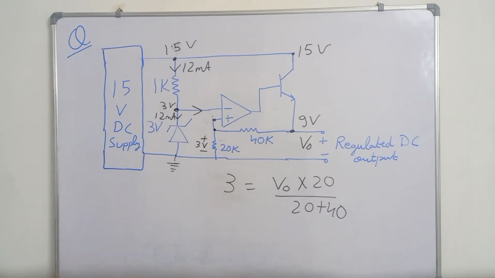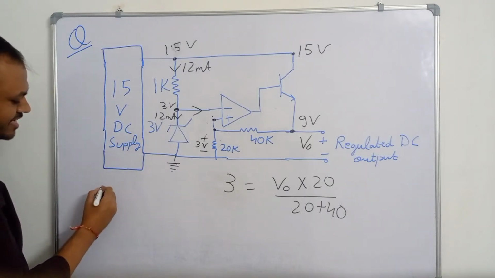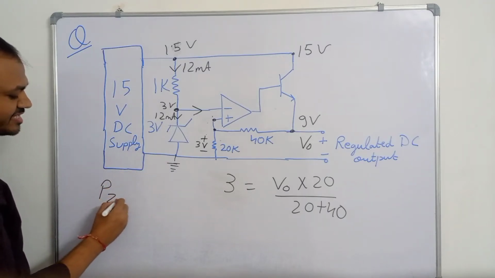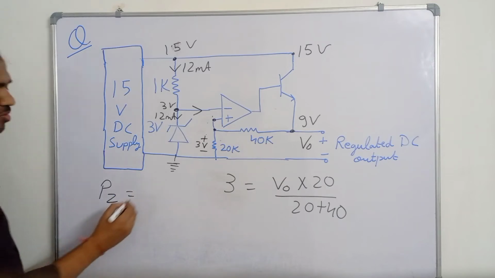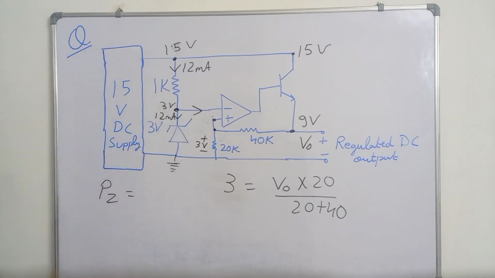But we can analyze the circuit further. If we want to talk about the power dissipation of the Zener diode, it has to be equal to the breakdown voltage of the Zener diode multiplied by the current. So this is 3 volt and the current flowing inside is 12 milliampere.